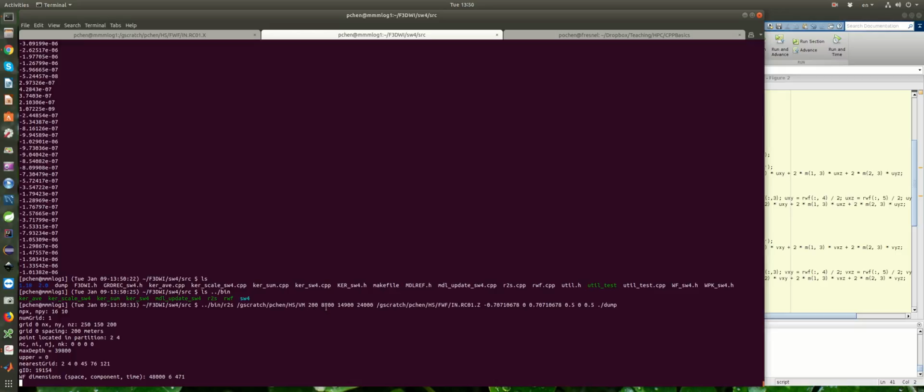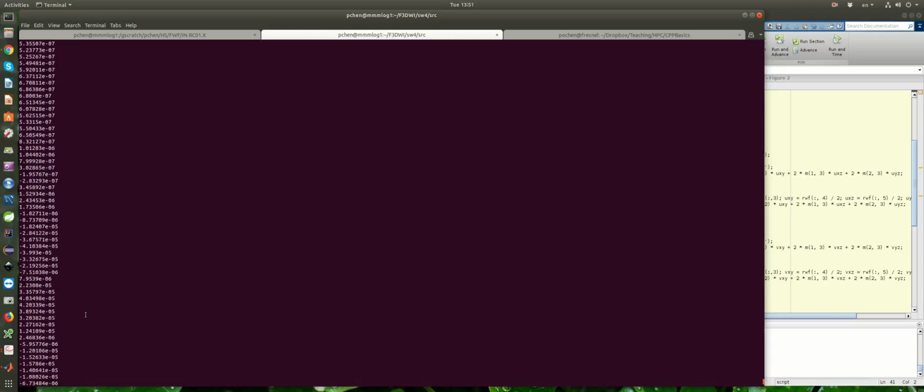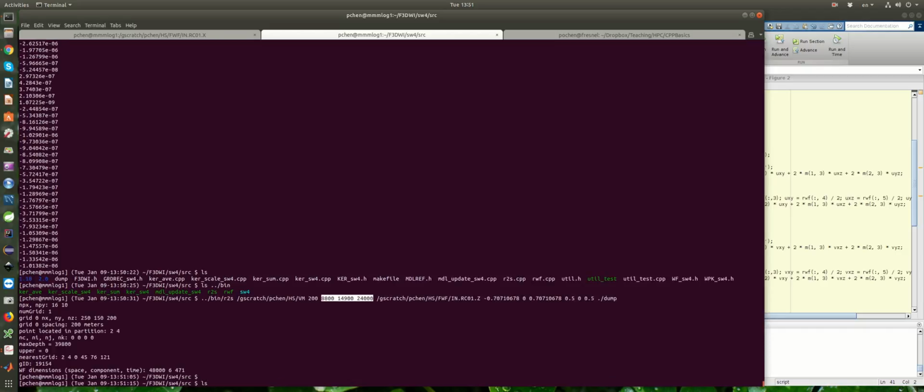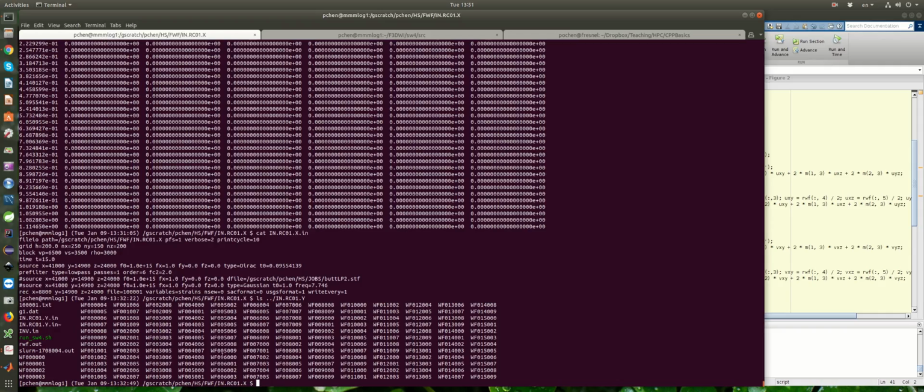Based upon the information about the grid, it's going to identify which partition of the grid the source is located in, and then identify the correct file it's supposed to read.